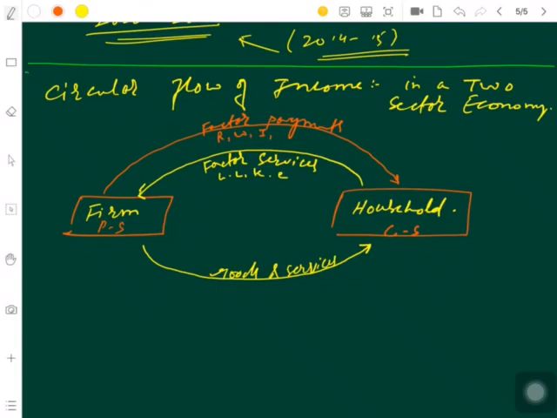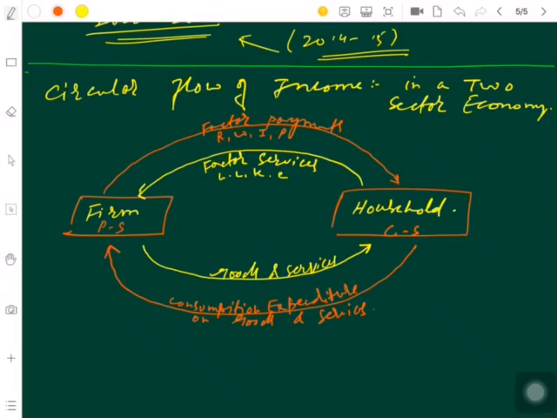And for entrepreneur, profit will be paid. So, if now the firm is providing goods and services to a household, the household will have to pay for those goods and services. So, they will make an expenditure which is technically known as consumption expenditure on goods and services.